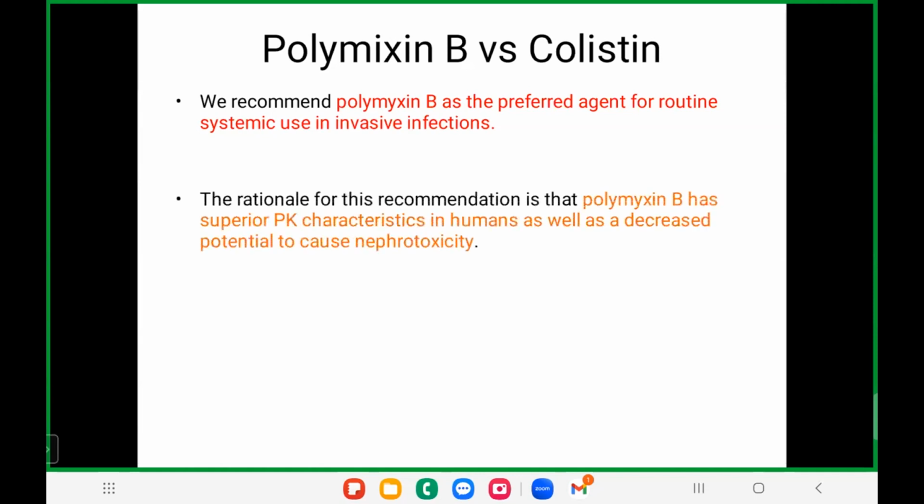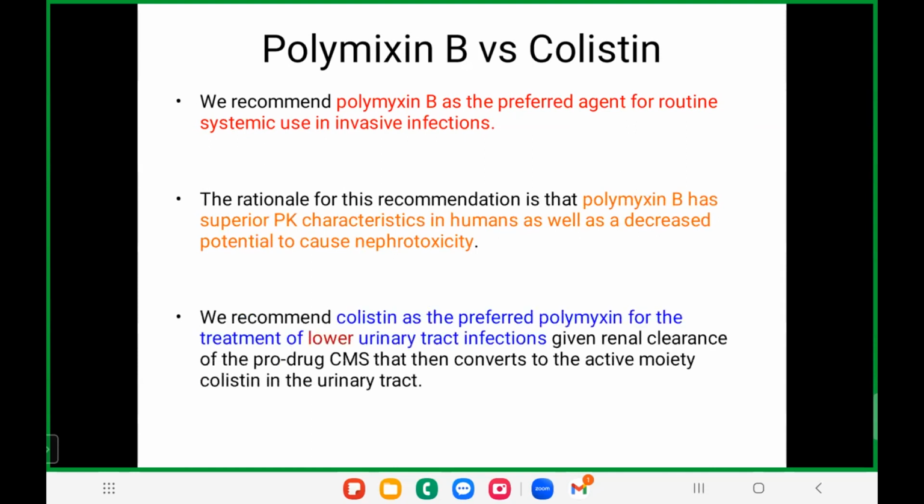The recommendations clearly tell that, based on the superior pharmacokinetic profile of polymyxin B, you need to give polymyxin B over colistin, and you need to choose colistin for uncomplicated UTI because colistin will be excreted renally, so it can act in the urinary tract. So for UTI, it is colistin, and that too uncomplicated UTI.